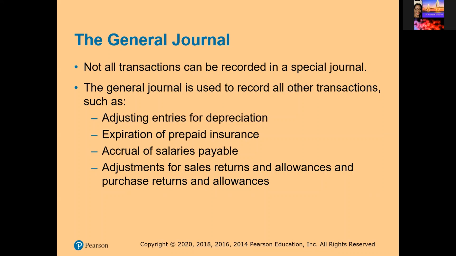Companies also use the general journal for sales returns and allowances and purchase returns and allowances. All accounting information systems need a general journal. The adjusting entries and the closing entries are recorded in the general journal, along with other non-routine transactions.